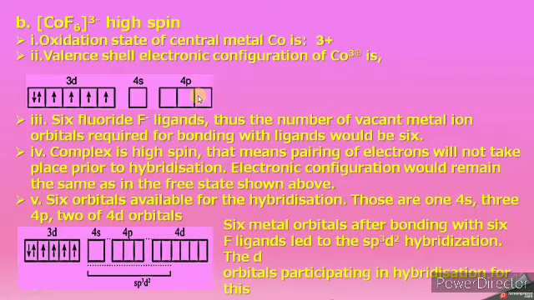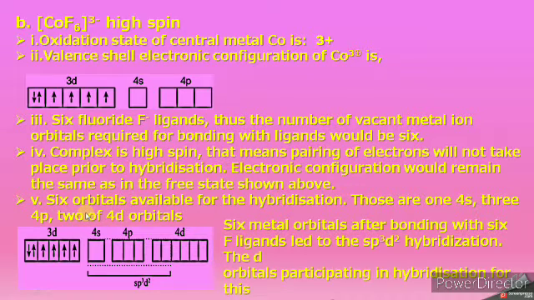So as your complex is of high spin, that means pairing of electron will not take place before hybridization. So the electronic configuration of Co3 plus ion remains same as in the free state as shown above.